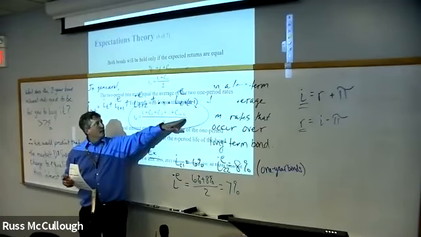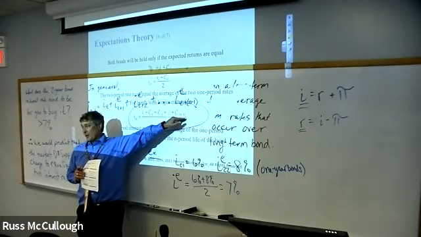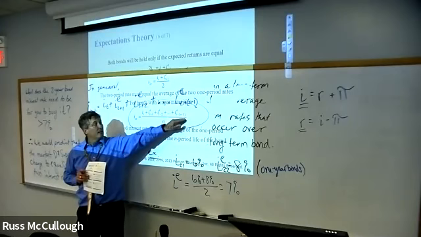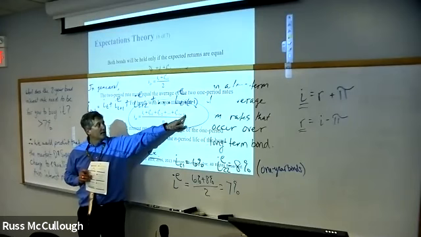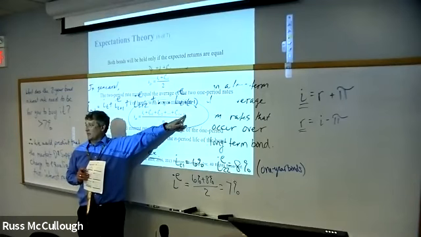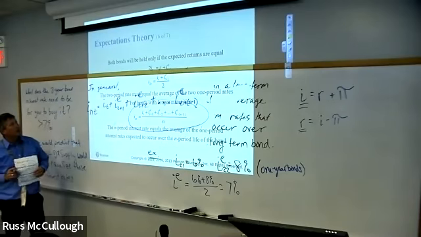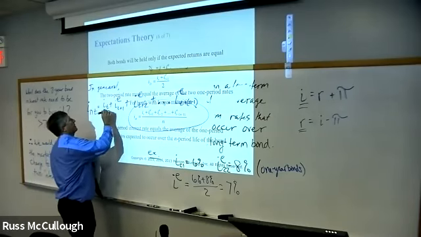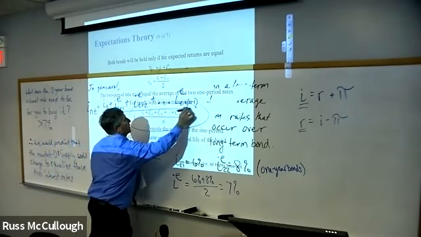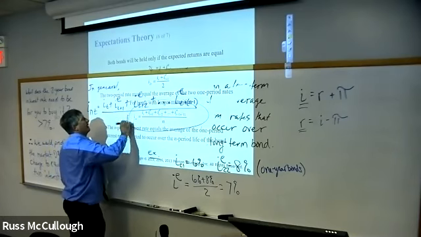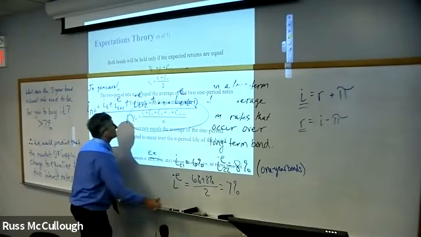So if it was a 20-year bond, 20 minus 1 gives you the 19 years out. And then that's all divided by the number of years, which is 20 if it was a 20-year, or N if we're talking in general.